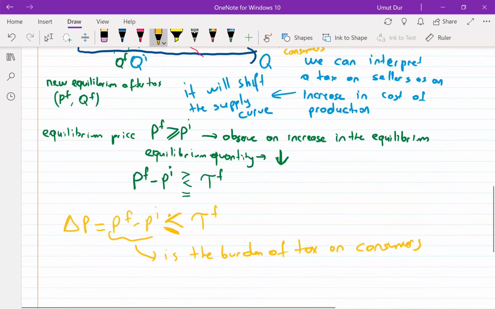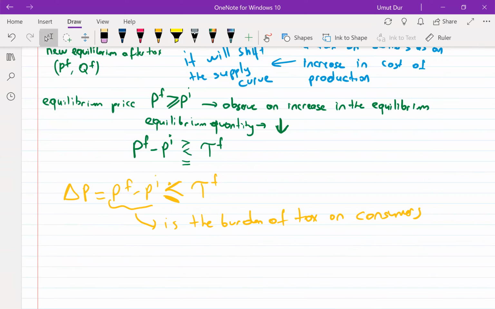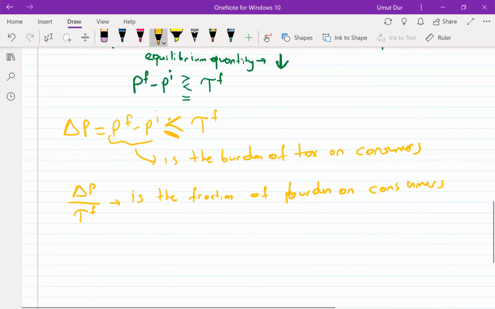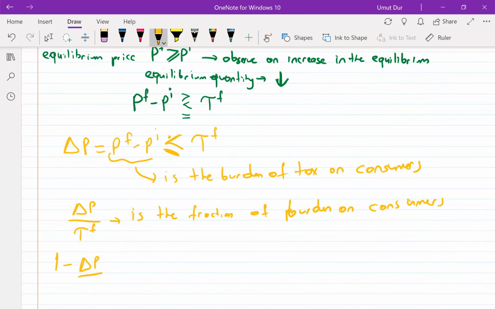If we are looking for the fraction of the burden, then delta P over tau F is the fraction of burden on consumers, and 1 minus delta P over tau F is the fraction of burden on sellers.